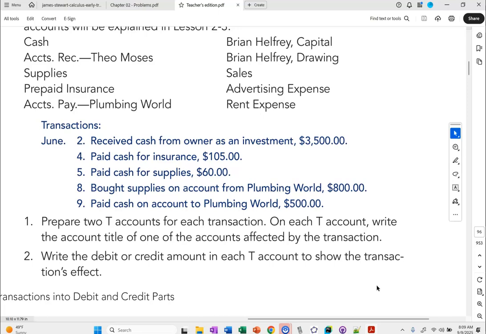And again, as a suggestion, as you guys are working through this, it might be worthwhile that when you write the title on the top of your T account, you make a note to yourself, like A, L, or E, what category this is: asset, liability, equity, to help you know which side is the debit and credit side.